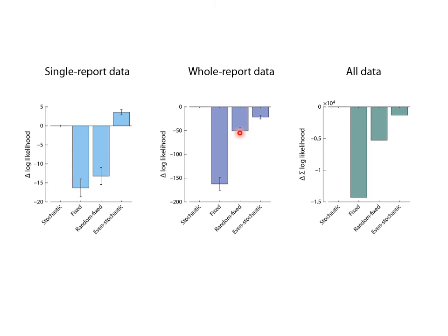The equivalent change to the stochastic model is to distribute the stochastically varying total number of samples as evenly as possible between items. This actually provided very good fits to the single report data. However, it fit the whole report data very poorly, note the difference in scale between these two plots. And overall, combining data, we found that the stochastic model provided the best description.